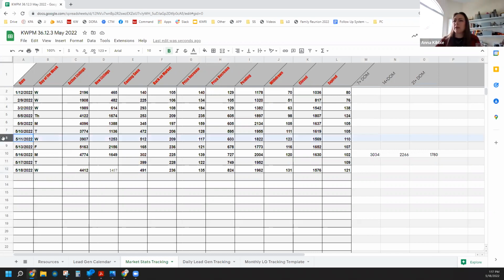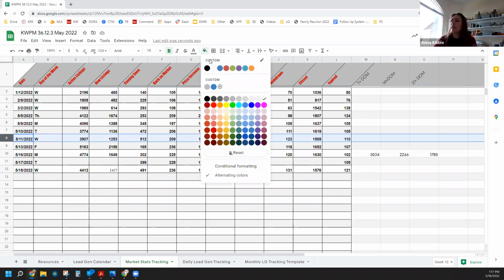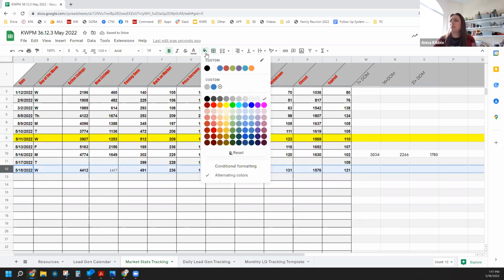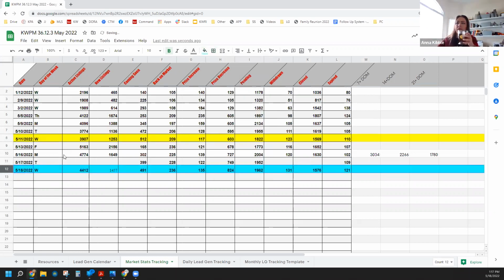Where were we at last Wednesday? I'm going to highlight that one just so that we can see apples to apples here really quick. This Wednesday to last Wednesday. So this week over last week, we've got about 500 more homes on the market.